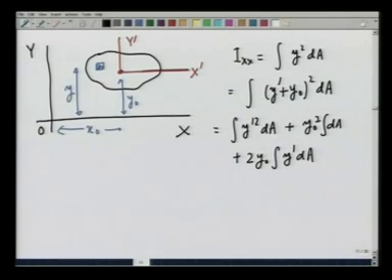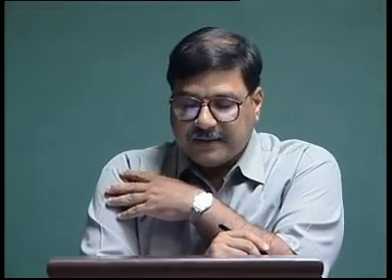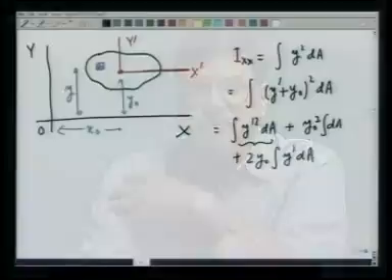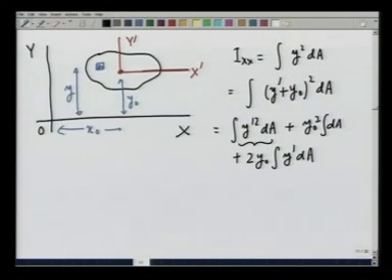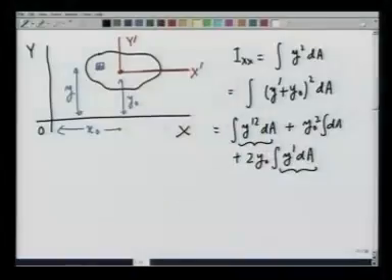Notice that integral y prime squared dA is the Ix prime x prime, that is the second moment of inertia about the x axis passing through the centroid, and integral y prime dA is nothing but area times the y coordinate of the centroid in the centroid frame.